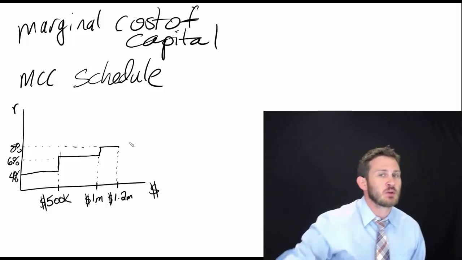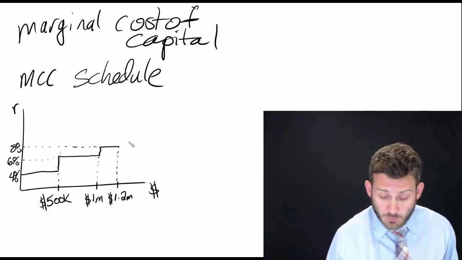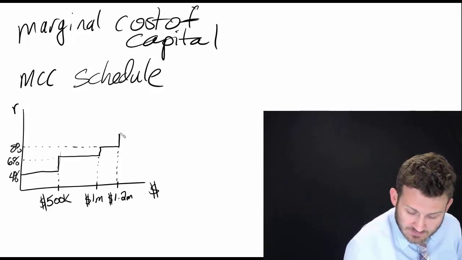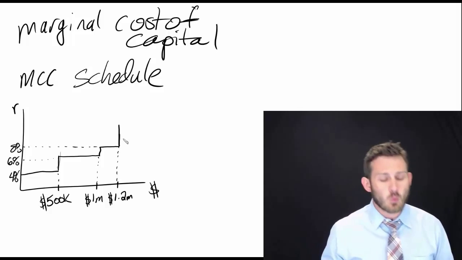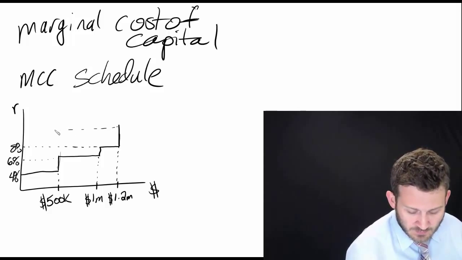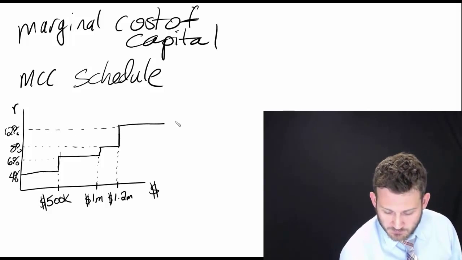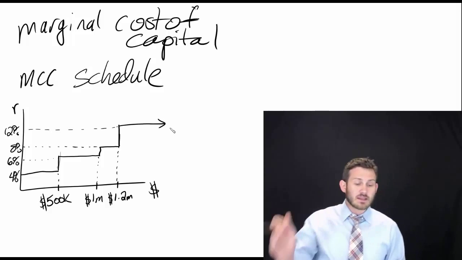It picks up to a higher interest rate, okay? And then after 1.2 million, our interest rate is going to rise again. Give me a number. Let's say at this point my creditors think I'm becoming too risky, and I'm going to be borrowing at 12% from this amount on out, okay?